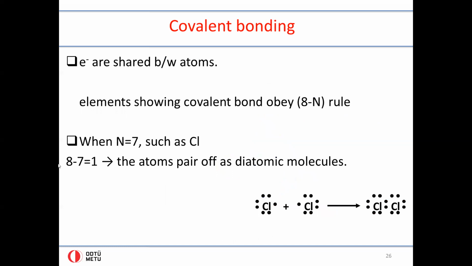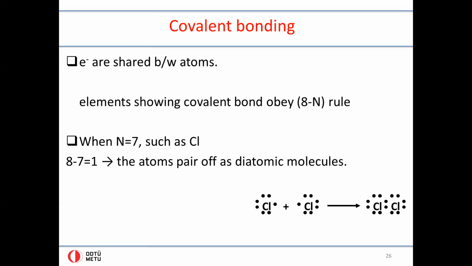A typical example of covalent bonding is when you have 2 of the same atom. So when you have 2 chlorine atoms, they form chlorine, Cl2. Cl2 is the general representation of what you'd use for chlorine gas.